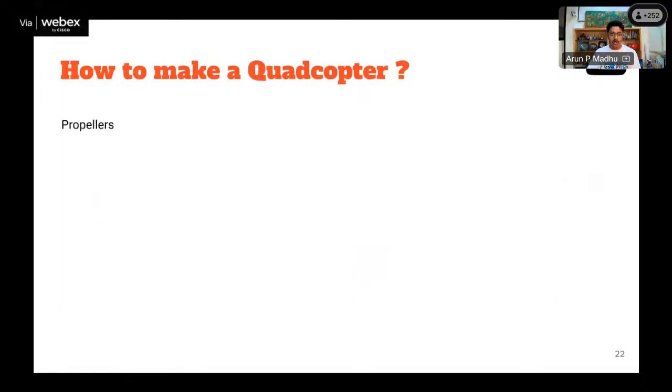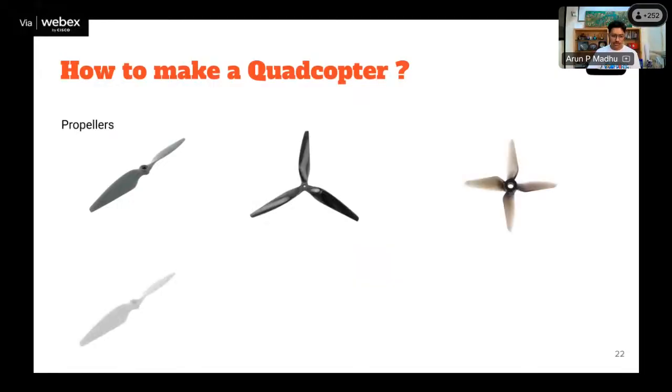Then we come to propellers. Propellers are the component which help us to achieve lift. Rotation of these propellers attached to the motors helps us to achieve lift. So let's see the different types of propellers. We have two-bladed propellers, three-bladed propellers, and four-bladed propellers.